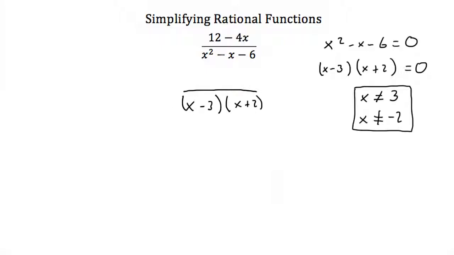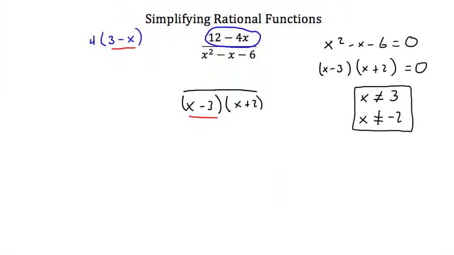Now my numerator, this 12 minus 4x, I can factor out a greatest common factor of 4. If I do that, I'll have 4 times 3 minus x. Now notice that this 3 minus x looks awfully similar to this x minus 3. So what I'm going to do is I'm also going to factor out a negative 1 from this binomial.